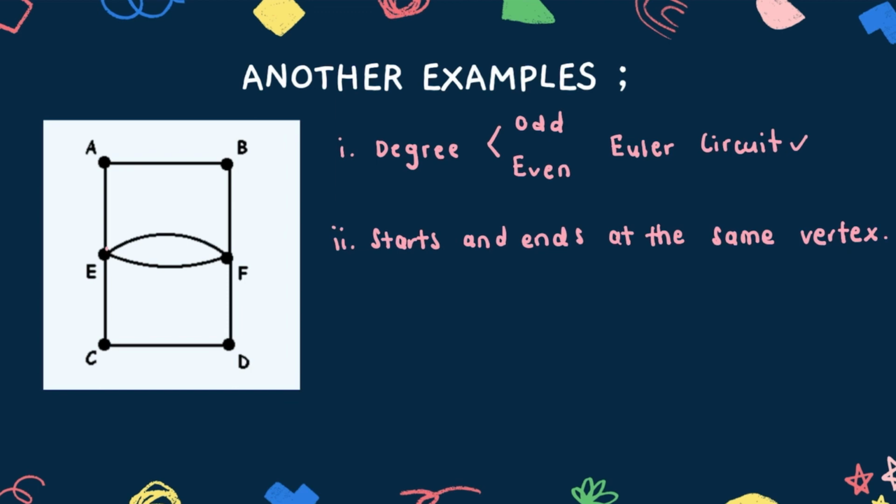We're going to start with E to A to B, B to F, F to E, E to F back, F to D, D to C, C to E. So the graph starts with E and ends with E. So it is an Euler circuit.